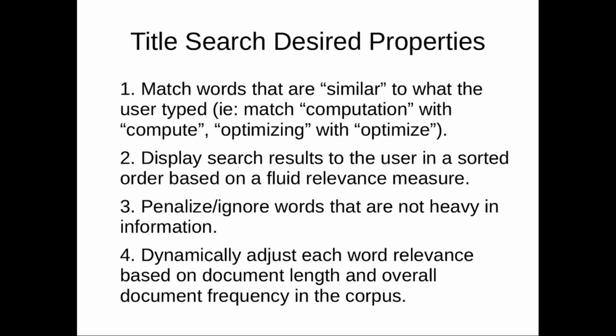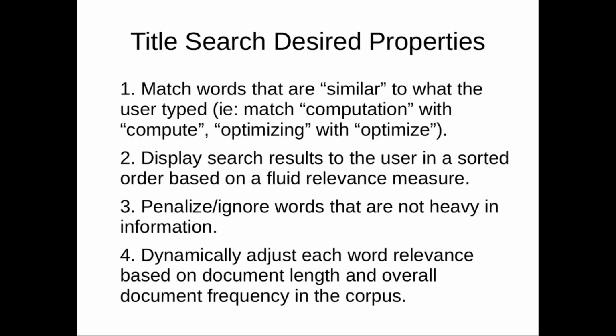Computing is a very common word in articles from computer science. You can imagine almost every single article might have the word computing appearing somewhere, right? The word quantum, on the other hand, is very specific. So basically, only people who are doing quantum computing or cryptography will mention something like that.